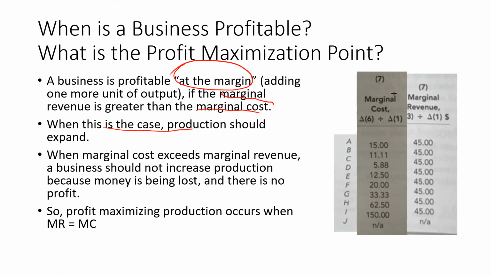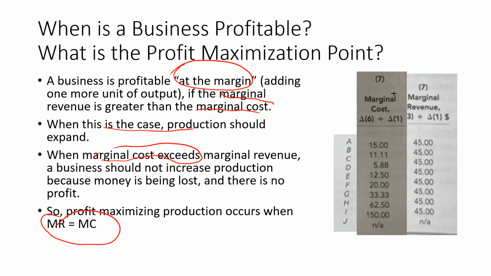As soon as marginal cost is greater than or exceeds marginal revenue, then a business should not increase production because money is being lost. So when the production of one more unit costs more than we can sell that unit for, there's no profit, so production should stop. So we expand until marginal revenue equals marginal cost.